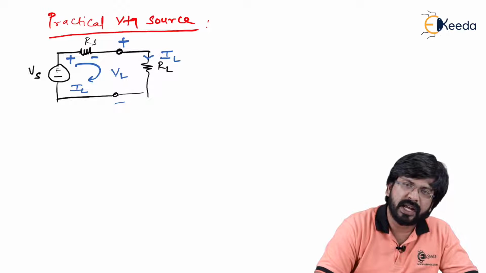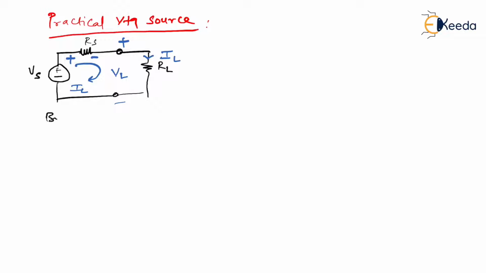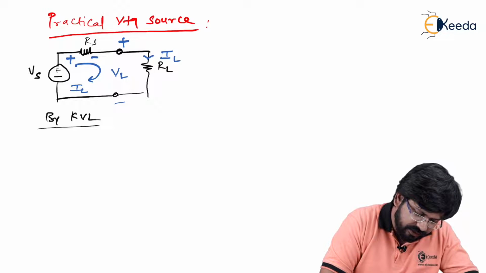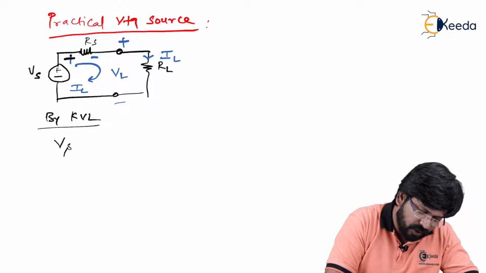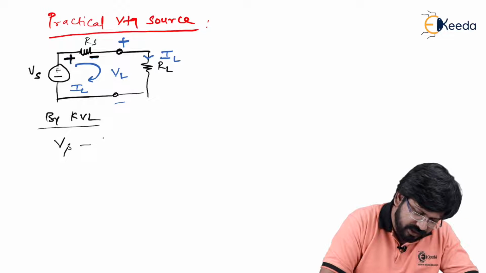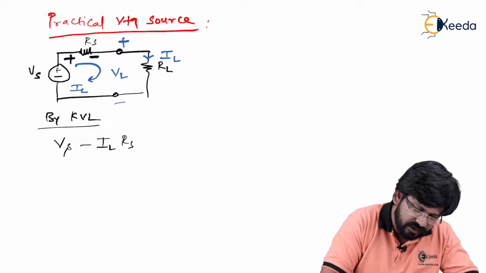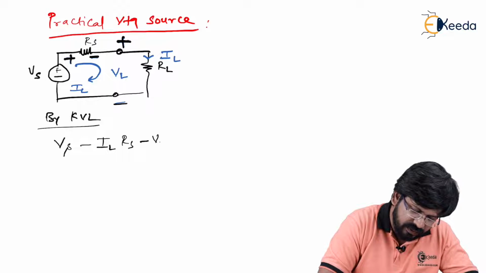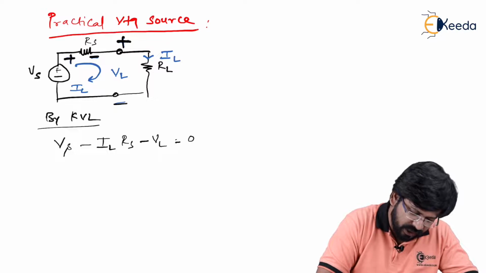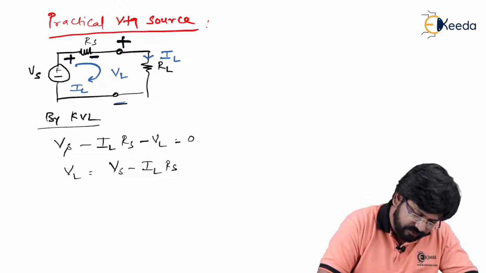So I'm going to apply KVL over here and write one equation. So by KVL, I can write negative to positive is positive Vs, then positive to negative becomes minus IL times Rs, and then positive to negative will become minus VL equal to 0, or I can say VL equal to Vs minus IL times Rs.